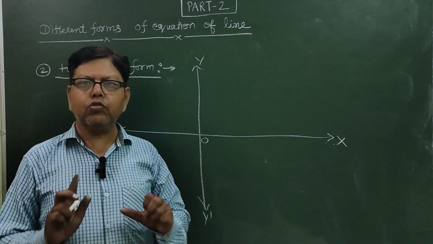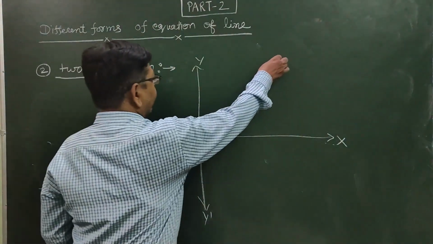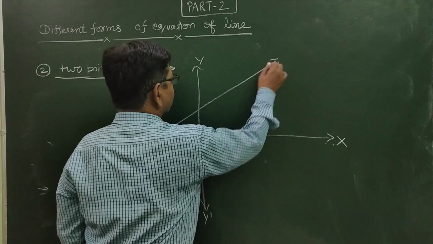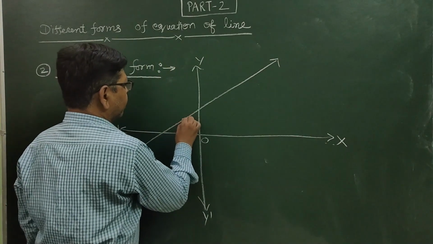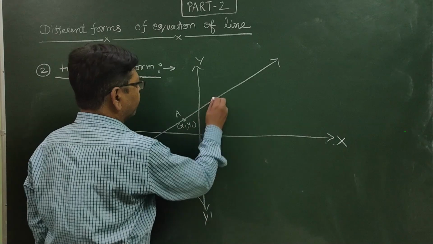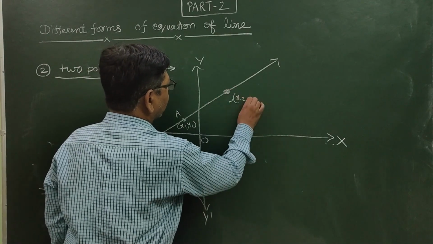The third form is the two-point form. So let us draw a line which passes through two points. Point A has the coordinates x1, y1. Point B has the coordinates x2, y2.